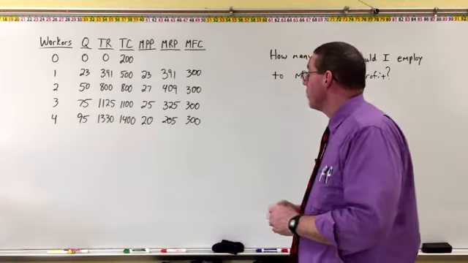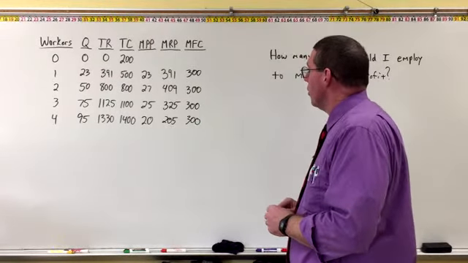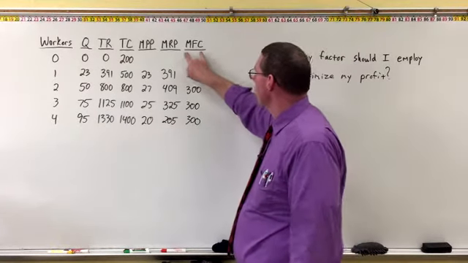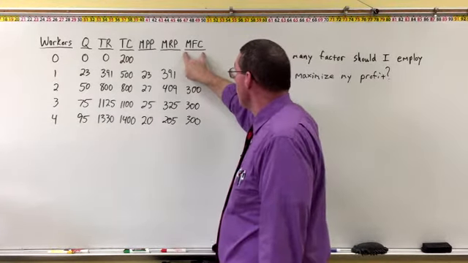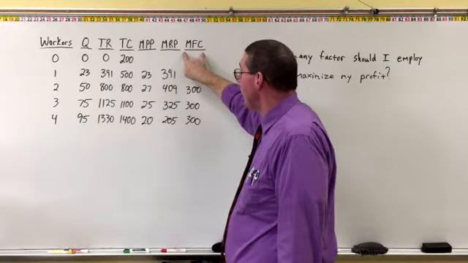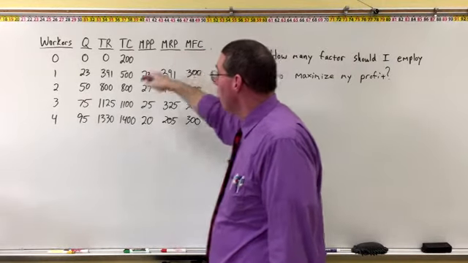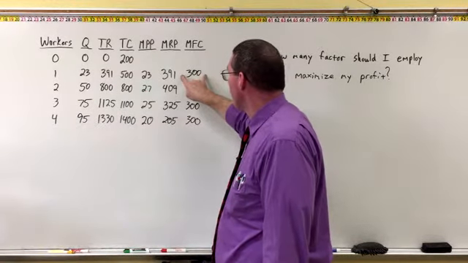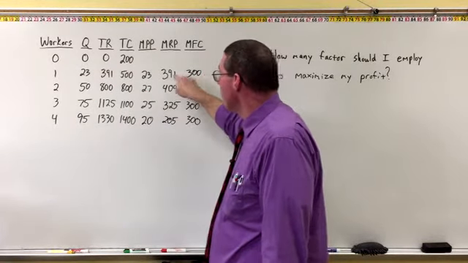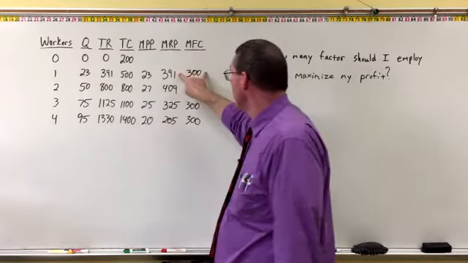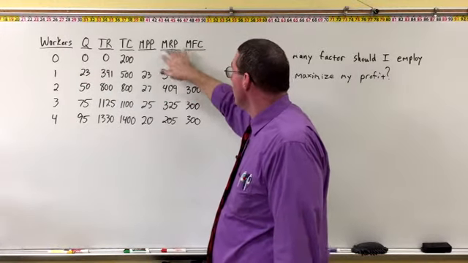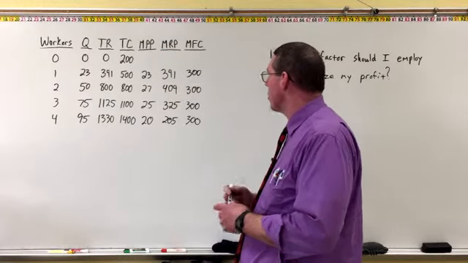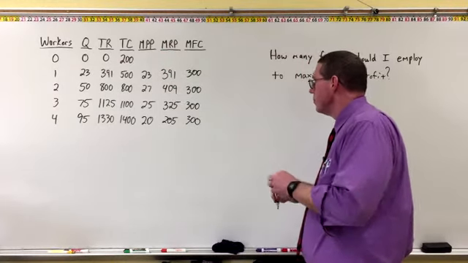Okay? All right. So let's look here also at factor cost, or marginal factor cost. Marginal factor cost, isn't that pretty much what it is that you're going to be paying for that worker? If I add one more worker, I will increase my total cost by $300. Well, that means that that worker costs $300. So if we look at both of these together, marginal revenue product and marginal factor cost, here's what we see.